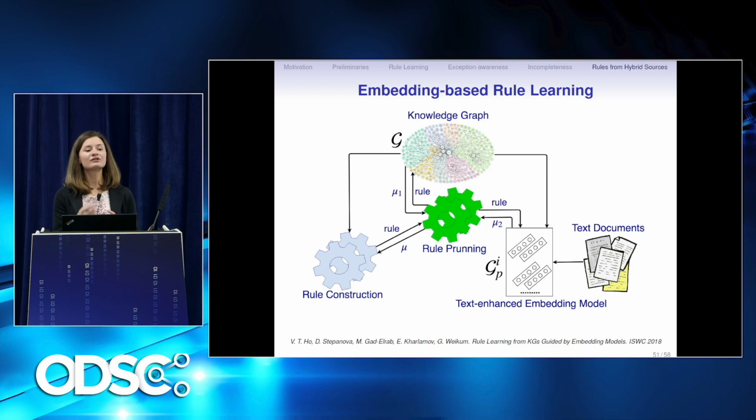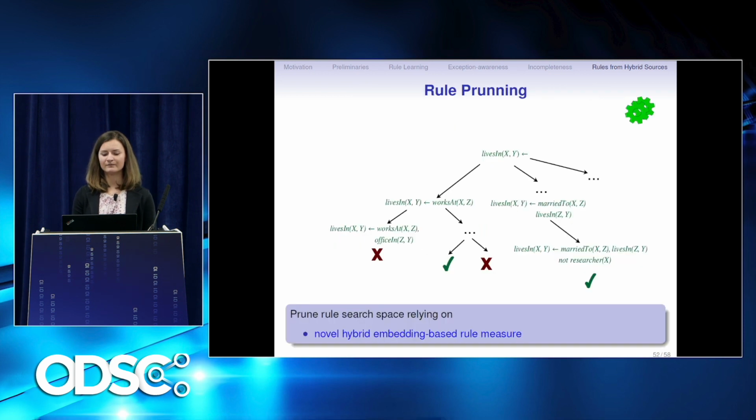And during the rule construction process, our rule search space is being guided by additional information coming from the embedding space. So here we have two components, this rule construction component and the rule pruning component, which helps us to exactly control the traversal of hypotheses. So now the rule pruning here would do the following.